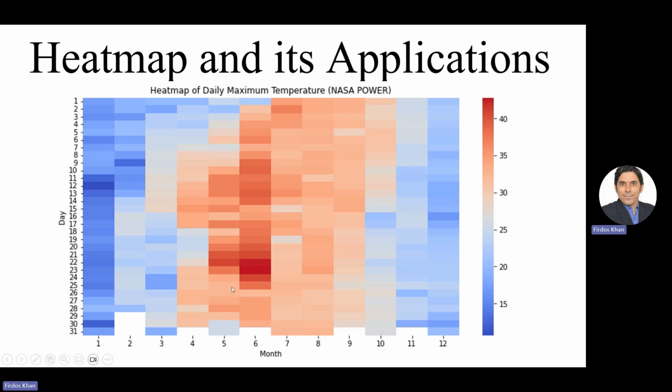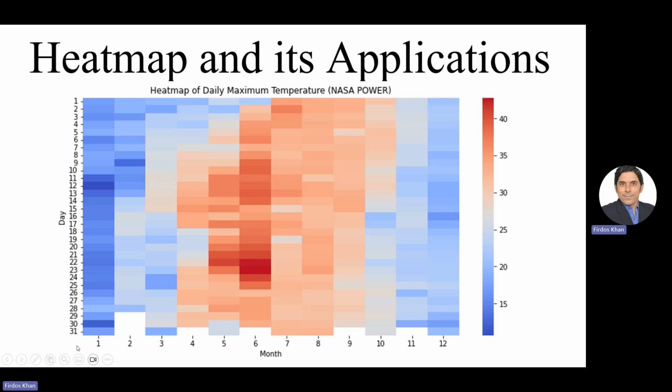So you can see it is cold in this region, and in January it's very cold. Look at this, you can see temperature below 15 degrees centigrade, and in February also it is low, and then it becomes warmer, and in May it is warm, and June is the warmest, and the 22nd and 23rd are the warmest days in this year.